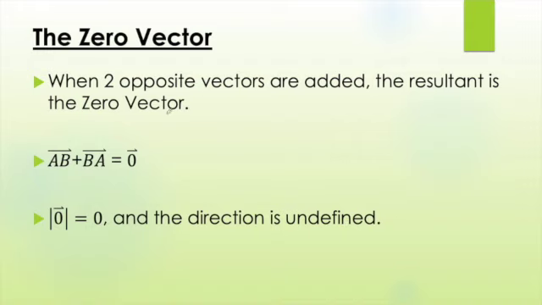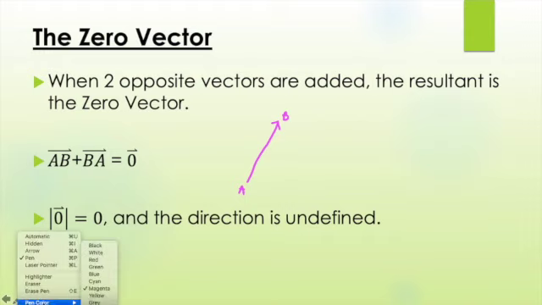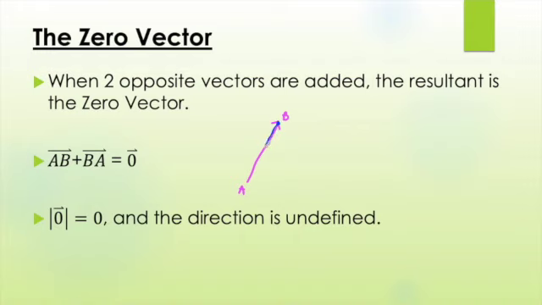Okay, if you were to draw it, it essentially looks like this, AB, but then you go right on top of it, identical, and it's going to go back in the other direction, BA.